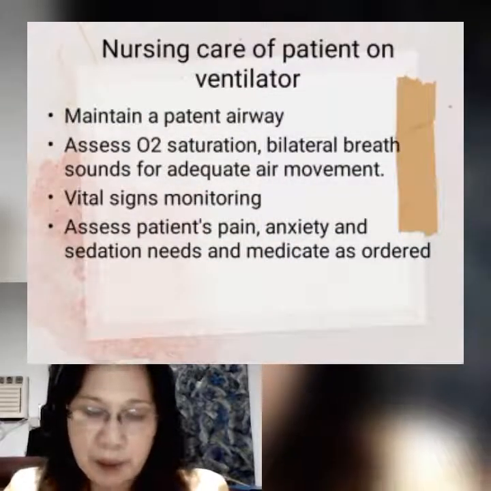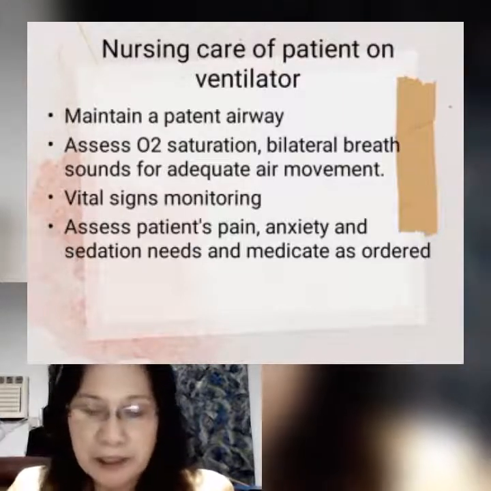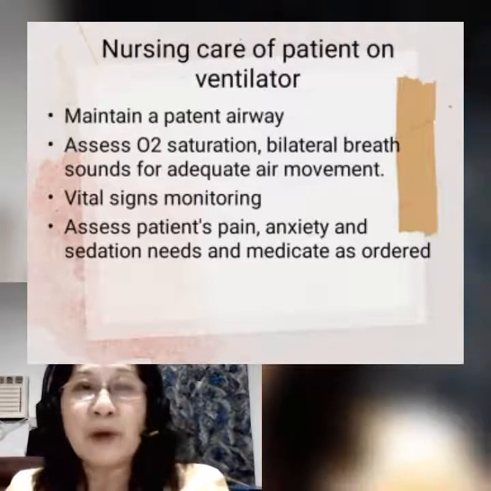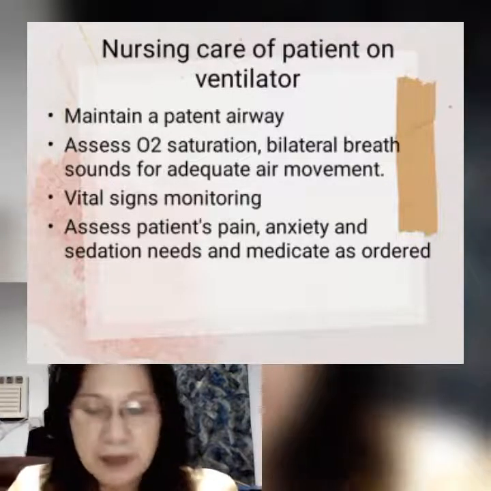Remember, oxygenation is very important, and the use of the ventilator is not just ordinary. So you have to be responsible. You have to take care of the patients in order to maintain a patent airway. Now, how are you going to maintain the patent airway of the patient when she is on the ventilator?